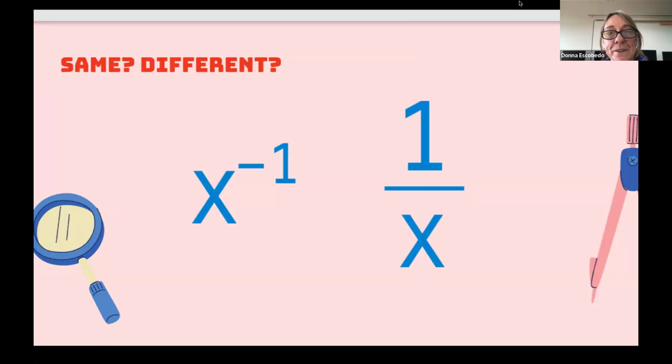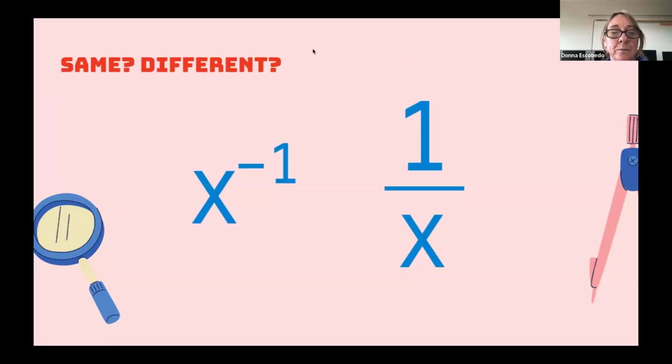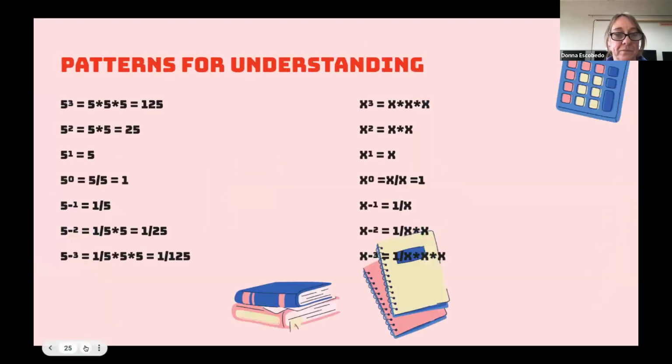This is similar to the number string that we did earlier. And here is that pattern that we were thinking about with our number string.